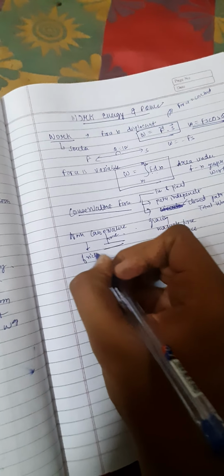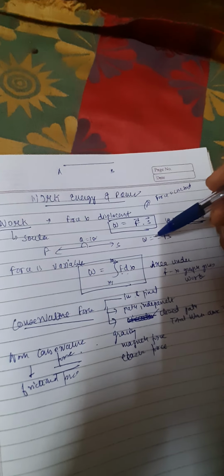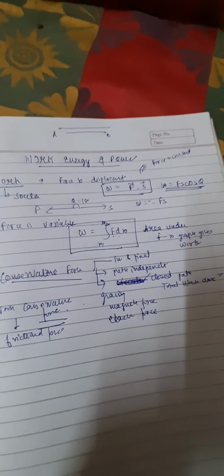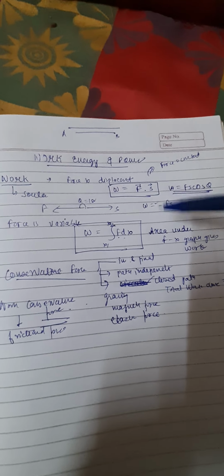In non-conservative force, the examples can be friction force. How come? See, if you are going from A to B, then the friction force will be minus Fs, and if you will come from B to A, then also the friction force will be minus Fs, because it always acts opposite to the direction of motion. So theta will always be 180, it can't be 0 to make it positive.